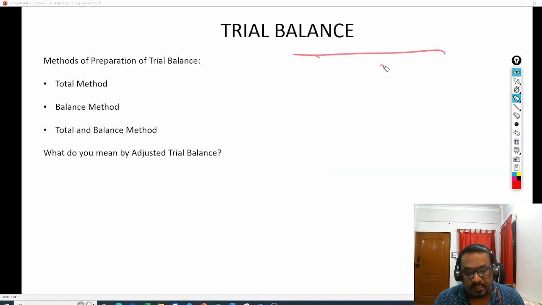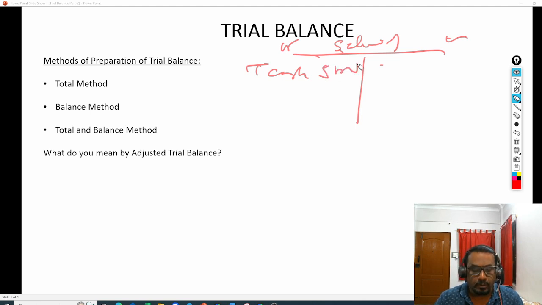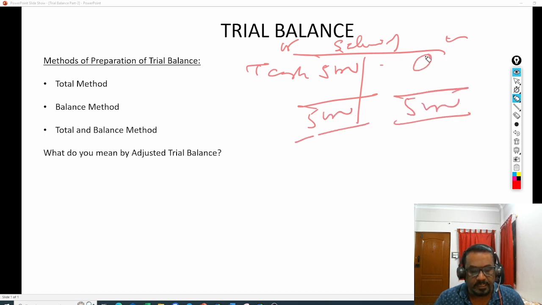I'll take another example. Let us say salary is paid. Salary is paid by cash, to cash account, 5,000. What do we do? I need to balance this account. First total is here, 5,000. Put the same 5,000. Is there anything here to subtract from here? Nothing. Then I need to put the same 5,000.